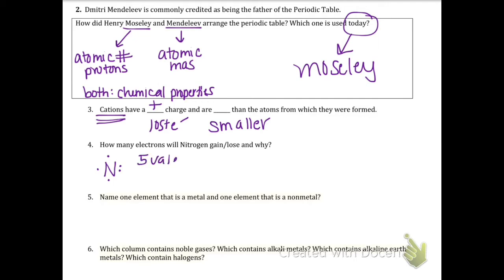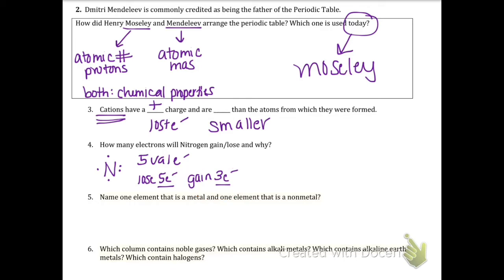The question is, how can it look like a noble gas? It has 2 options. We could either lose those 5, or we could gain how many? 3. Now, which one seems easier? Definitely this one over here. Gaining 3 is a lot easier.